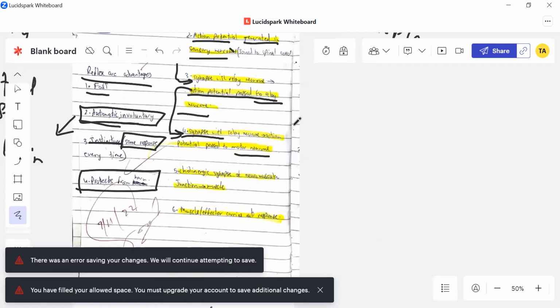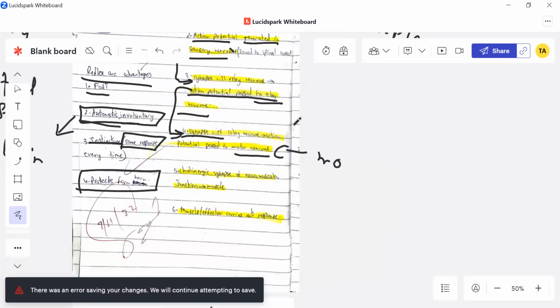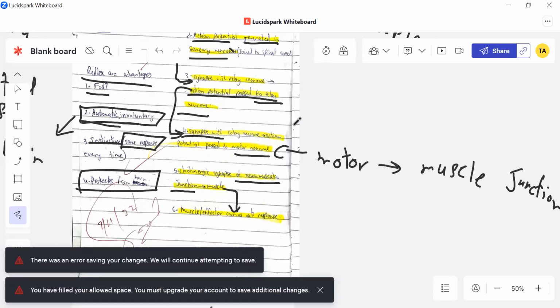And remember that motor neurons are always connected to a muscle junction. So this motor neuron has a synapse with a neuromuscular junction, and passes the action potential to it. Because of this, the muscle that the motor neuron is connected to will have an effect.